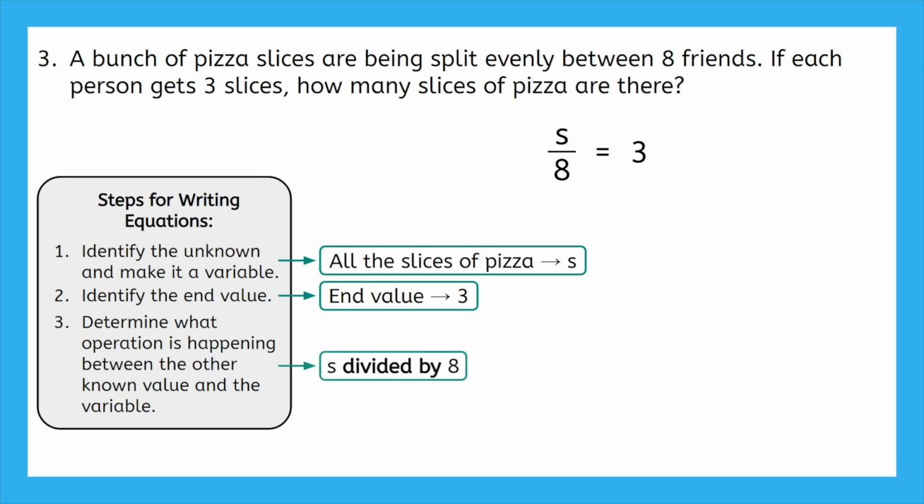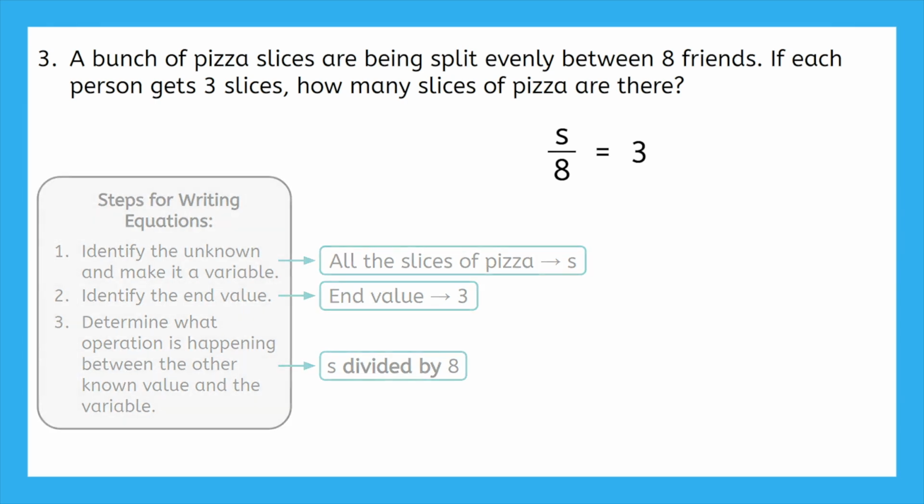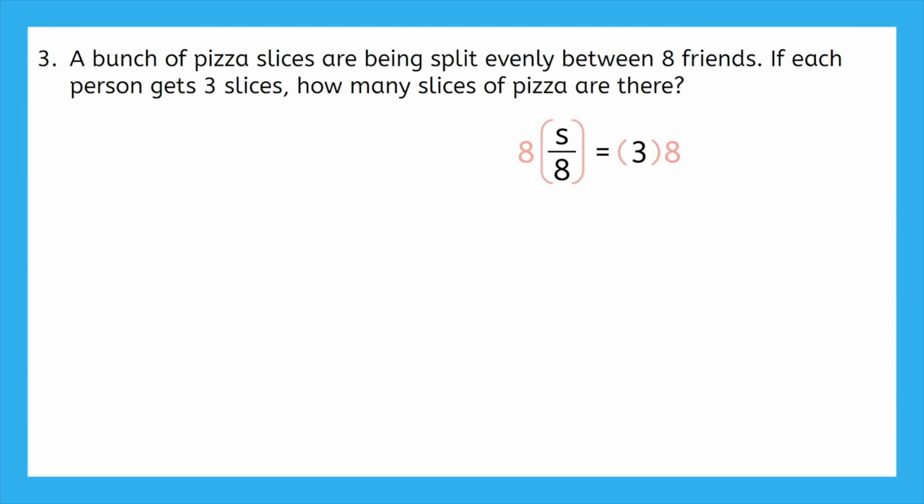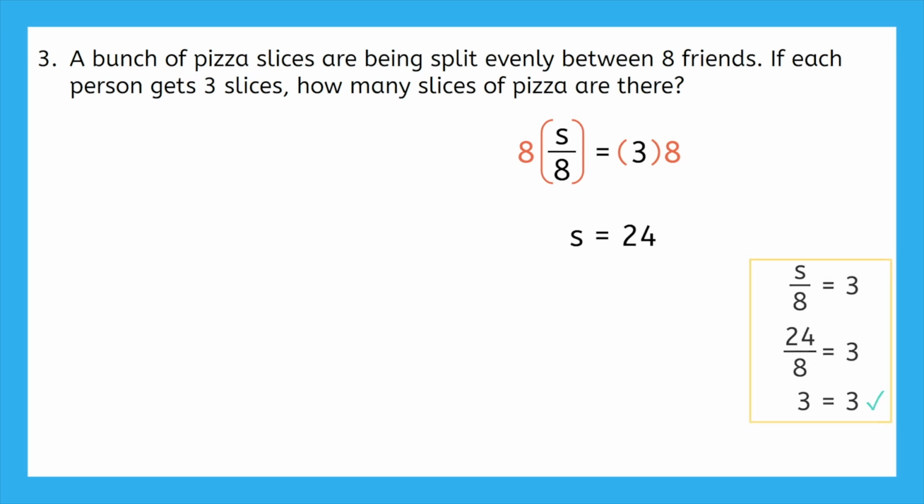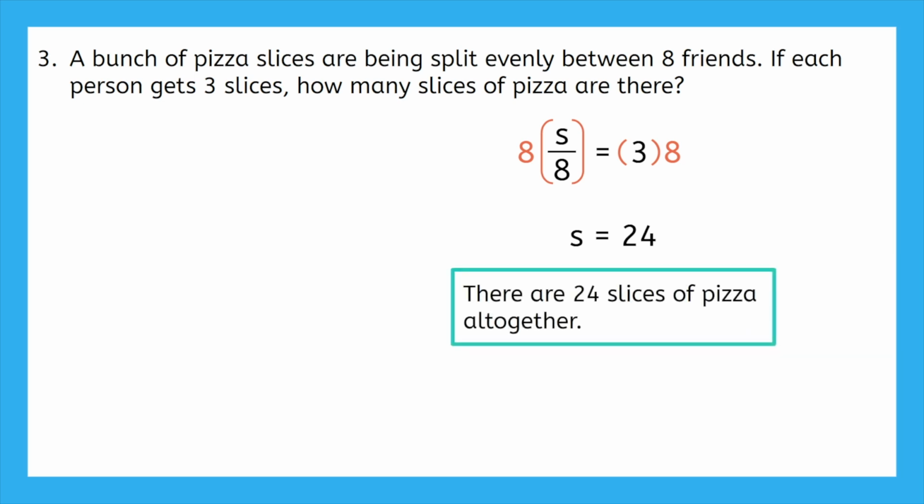How do we know to use division? Splitting something evenly is a context clue for dividing. Multiplying by 8 on both sides gives us s equals 24, and everything looks good when we check our work. So, the final answer is that there are 24 slices of pizza altogether.